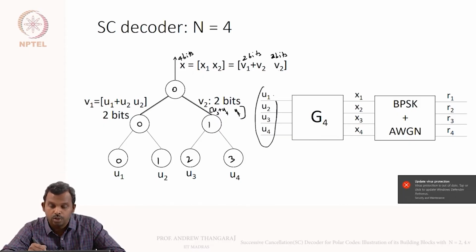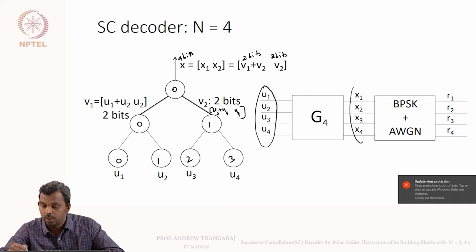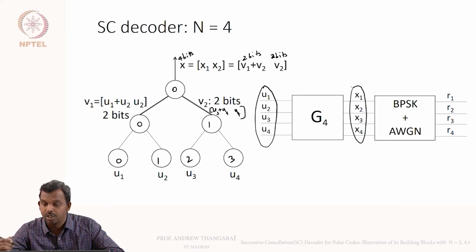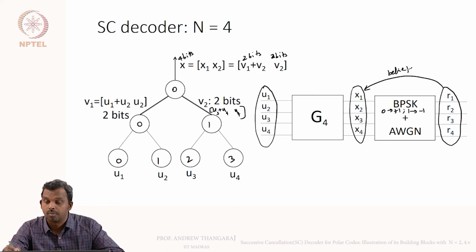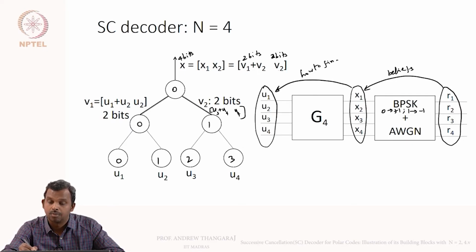u1, u2, u3, u4 is what you originally have, and then you go to x1, x2, x3, x4 after the operation with G4, and then BPSK AWGN, and as before 0 going to plus 1, 1 going to minus 1, then noise getting added, you get R1, R2, R3, R4. Remember again, R1, R2, R3, R4 are beliefs for x1, x2, x3, x4. How do you find beliefs for u1, u2, u3, u4?